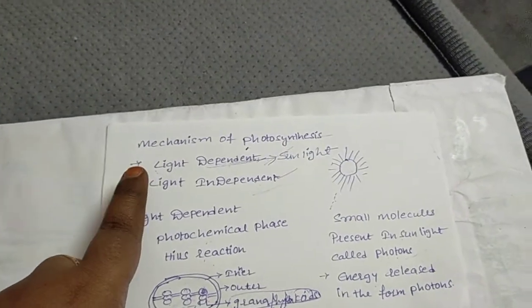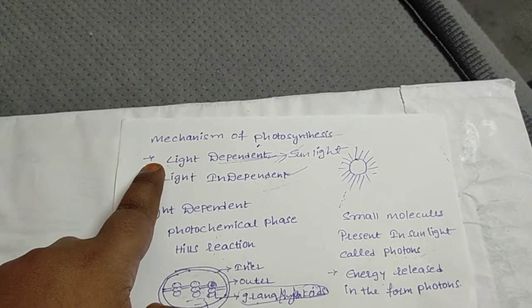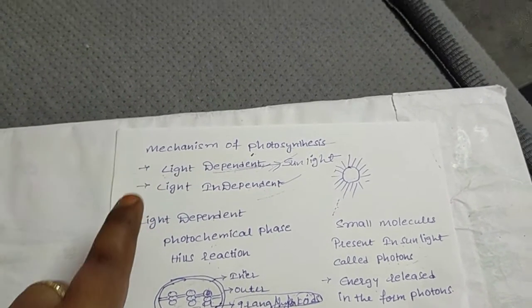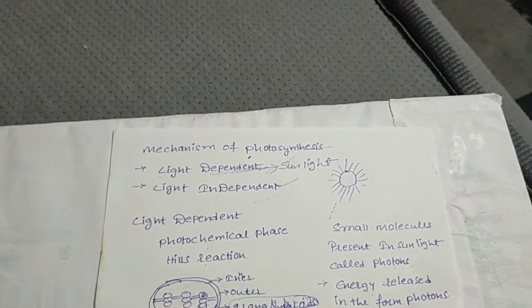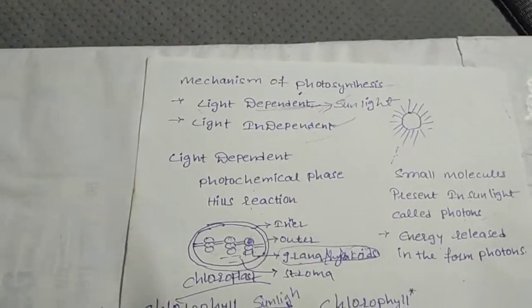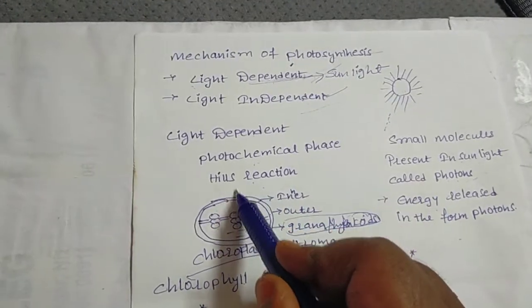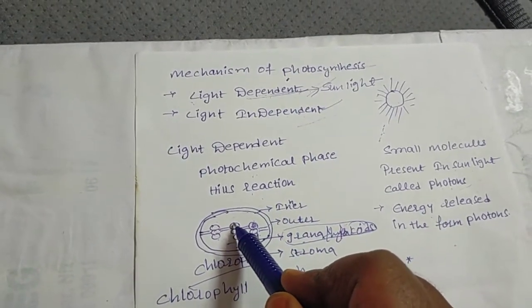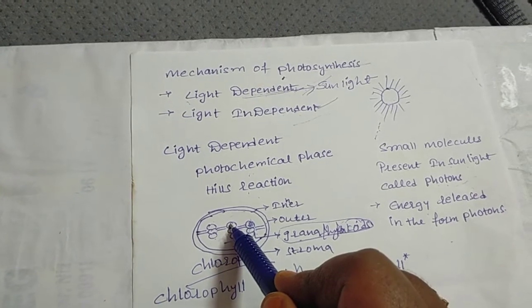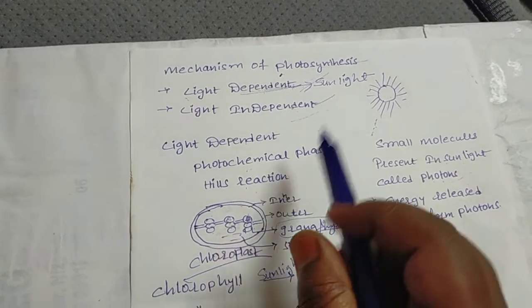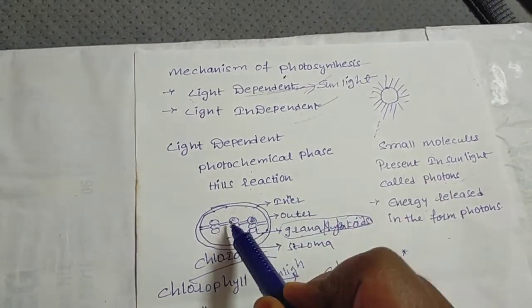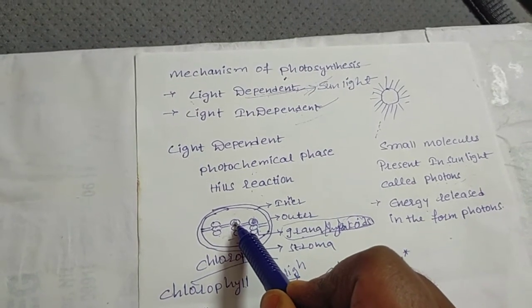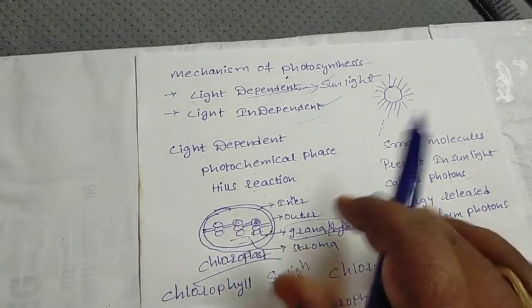What are we discussing? Light dependent reaction. Where does it take place? In the grana thylakoids. What is present in the grana thylakoid? Chlorophyll. When this chlorophyll is exposed to sunlight, it gets activated by capturing the sunlight energy.